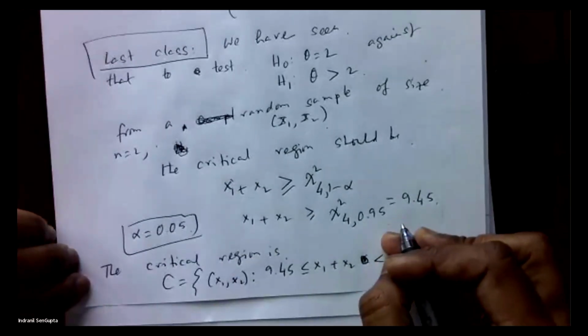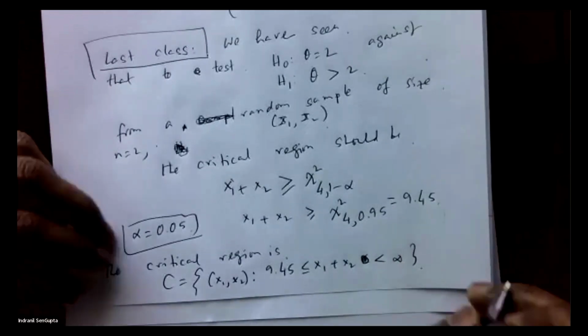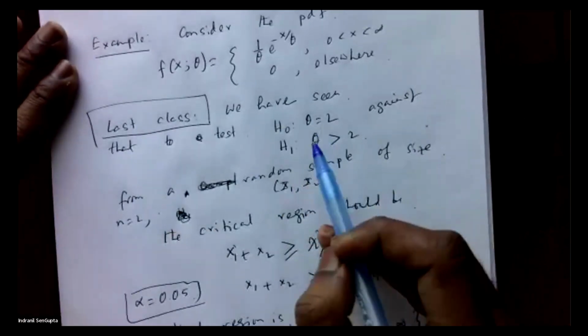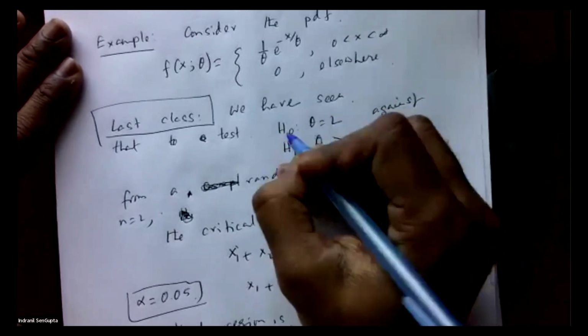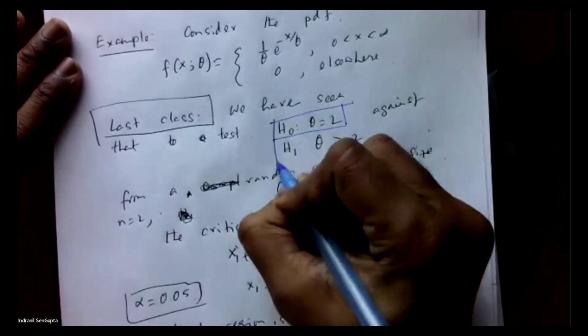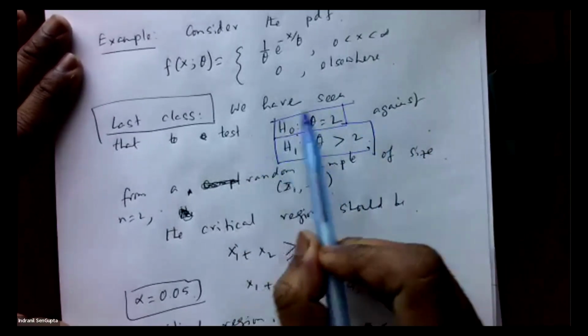One thing is very clear: there is a difference between this problem and what we did in the previous section. In the last section, we considered H0 against a simple H1. Now we have H0 against a composite H1.